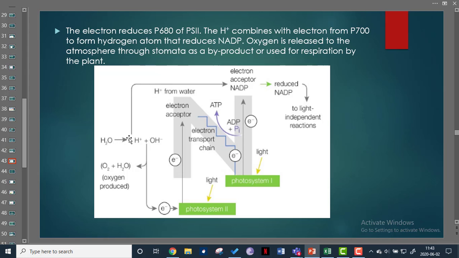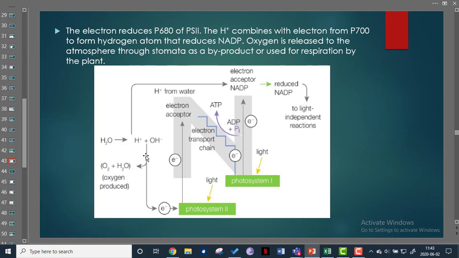the water molecules undergo splitting through the process of photolysis to form hydrogen ions and hydroxyl ions, and in this case, electrons will be lost in the process, and oxygen will be lost to the atmosphere.